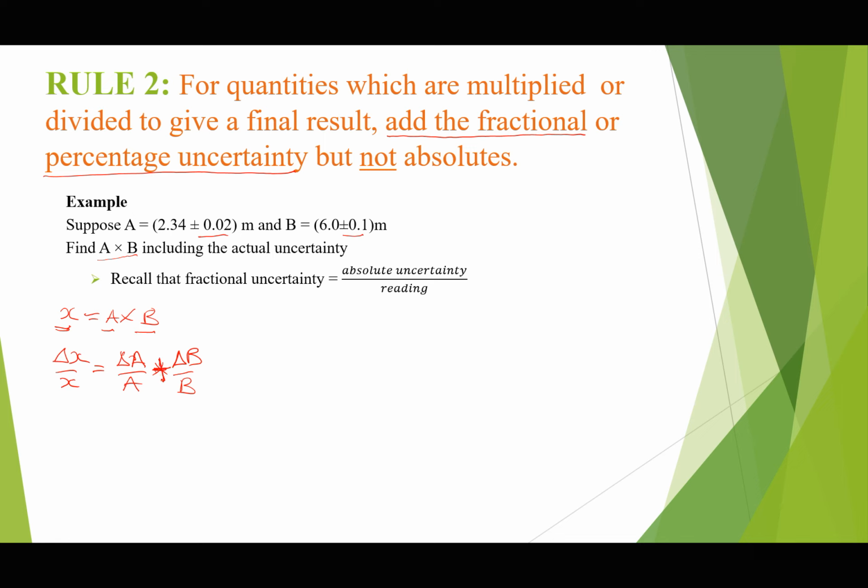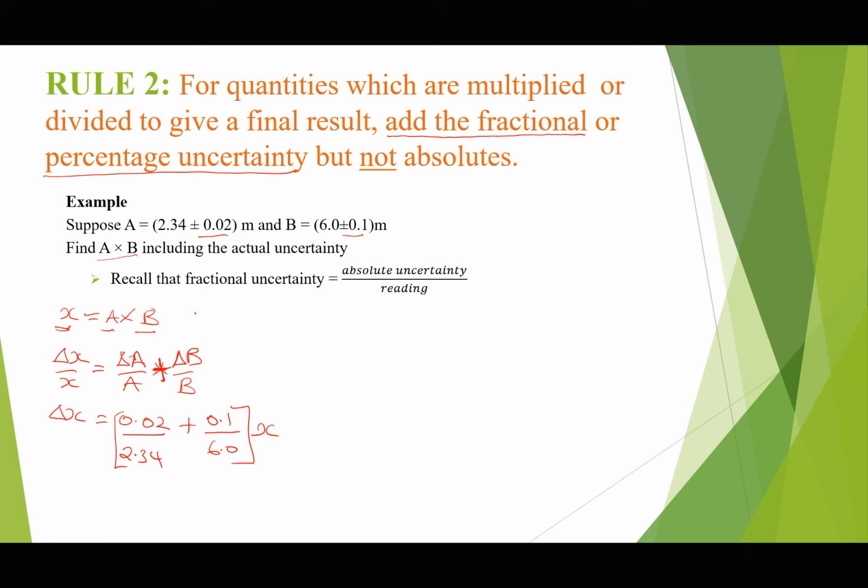So let's try to find what the absolute uncertainty in x is. It is equal to the absolute in a, which is 0.02 divided by 2.34, plus the absolute in b, which is 0.1 divided by 6.0, but note this must be multiplied by the value of x.